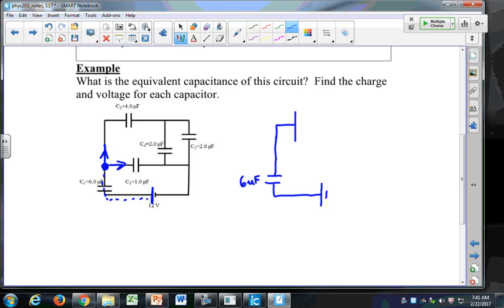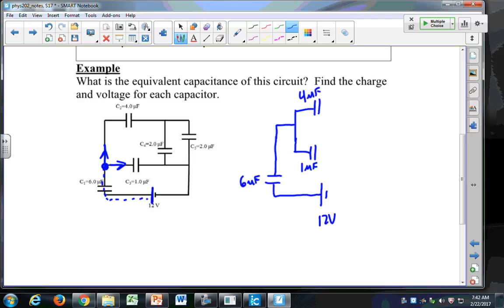And then I have no other junctions in each of those branches until I get to the next capacitor. So I'm going to draw these 2 capacitors, C2 and C3. I'll put C2 up here. That's my 4 microfarad capacitor. And then down here, I have C3. That's my 1 microfarad capacitor. I'm at 12 volts here.